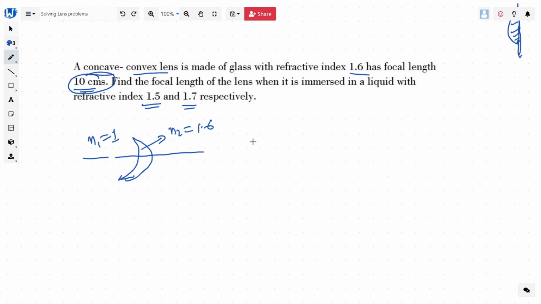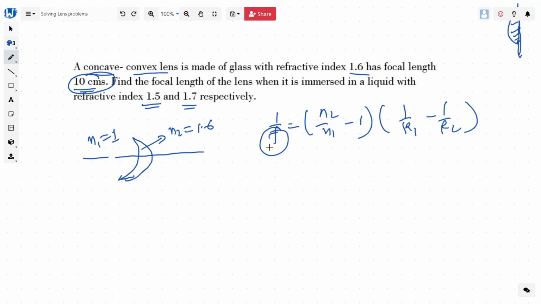Now it has a focal length of 10 centimeters. It is also given, so we can find it looking at the formula, right? So let's write down the formula first. 1 by f is equal to (N2 by N1 minus 1) into (1 by R1 minus 1 by R2), right? This f is given to be 10 centimeters. N2 is given, N1 is 1 and this part is unknown, right?